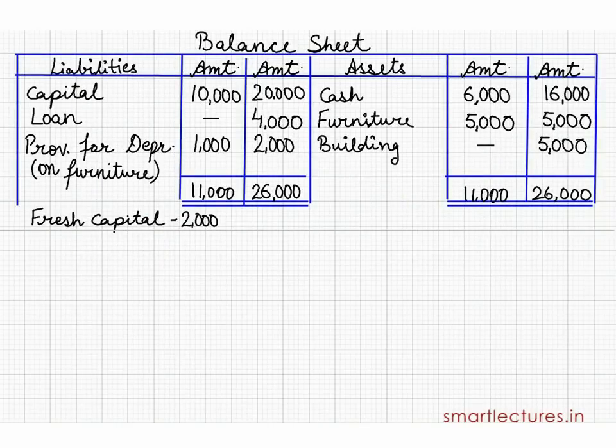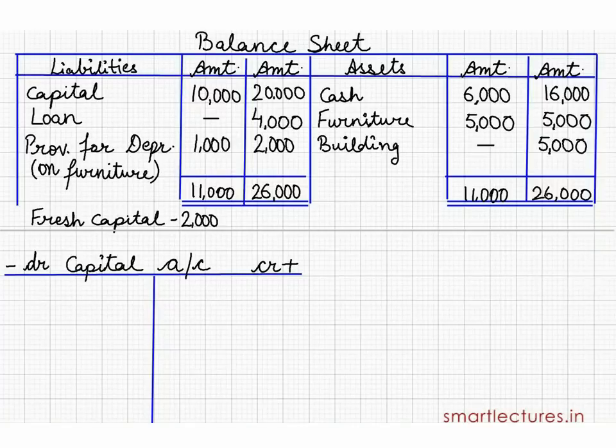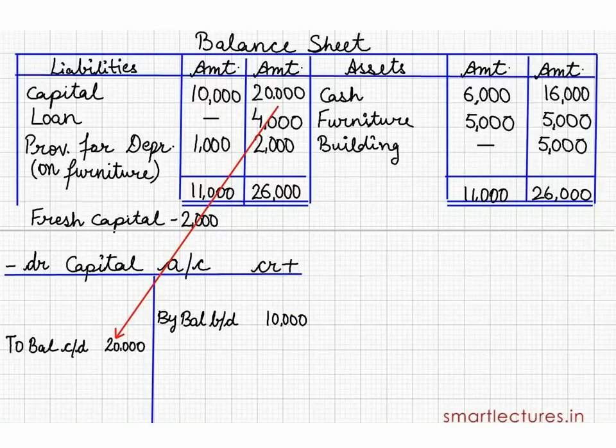So let's come back to the question. First of all, prepare the capital account for your convenience. In its format, on the credit side, by balance BD 10,000 and on the debit side, to balance CD 20,000.